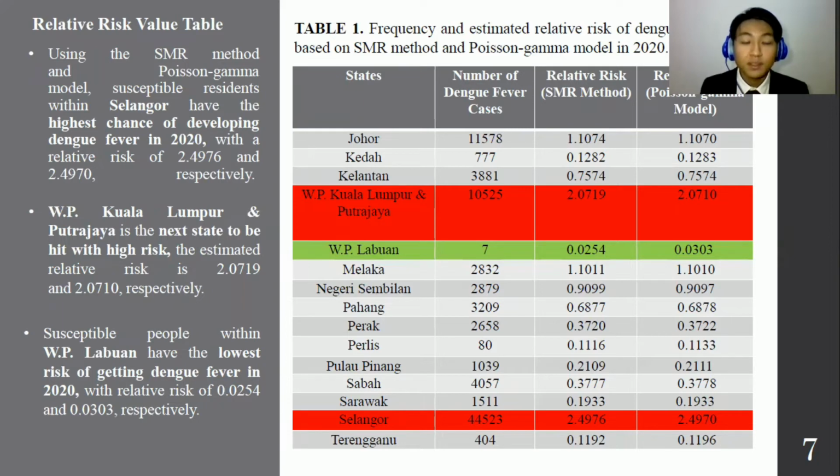Then Labuan has the lowest risk of getting dengue fever in 2020 with a risk of 0.0254 and 0.0303 using the SMR method and Poisson-Gamma model respectively.